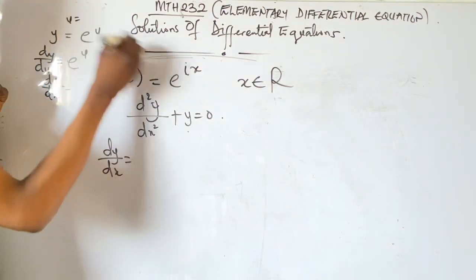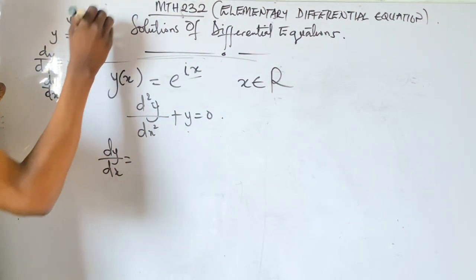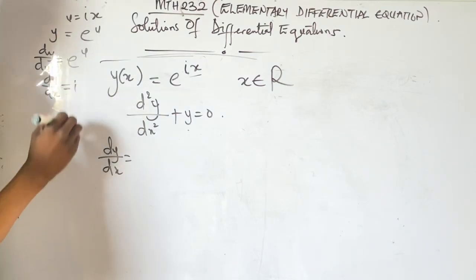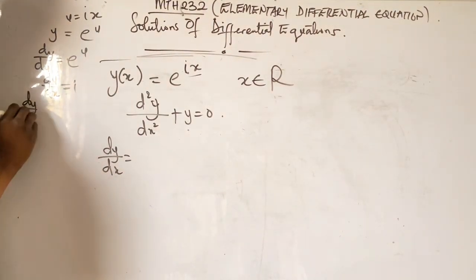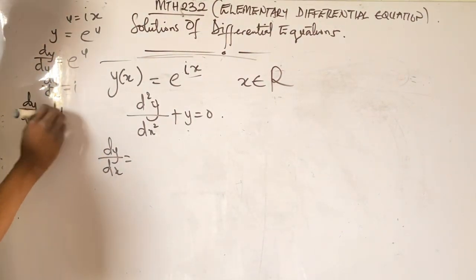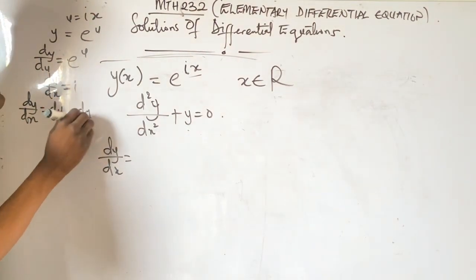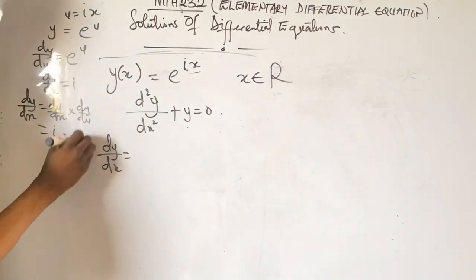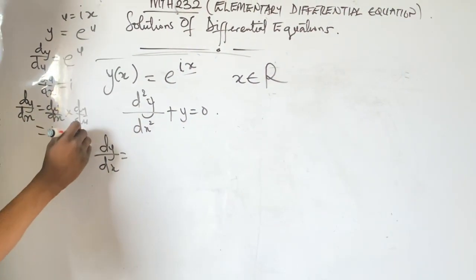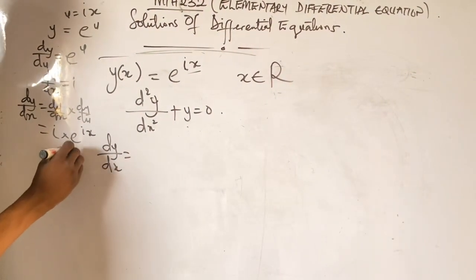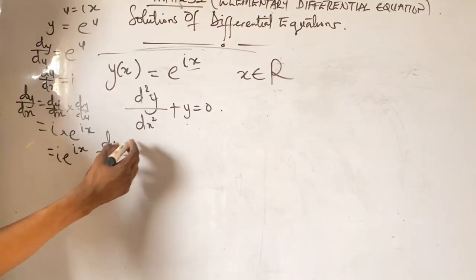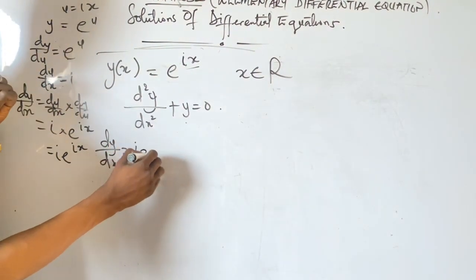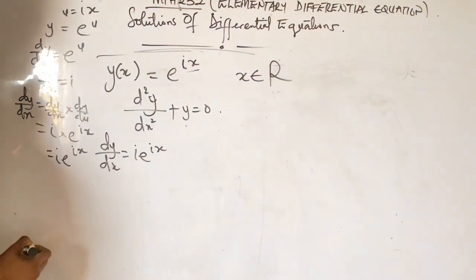Because u is equal to ix, du/dx is going to be ordinary i, right? So dy/dx is equal to du/dx times dy/du. What is du/dx? i. What is dy/du? e^u. What is u? ix. That is i e^(ix). That is my dy/dx.